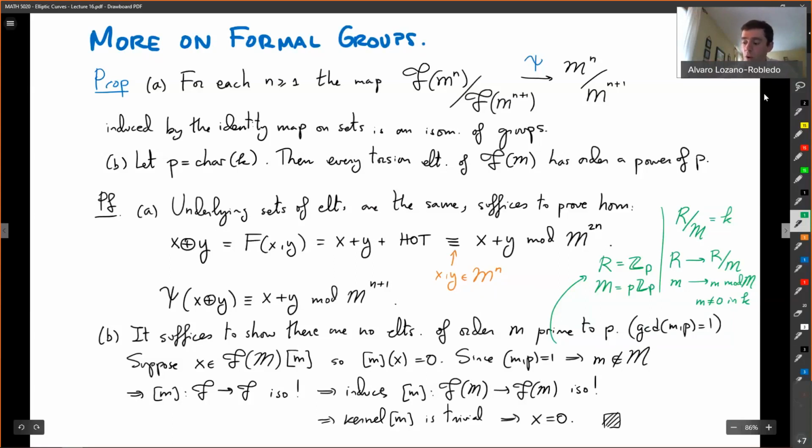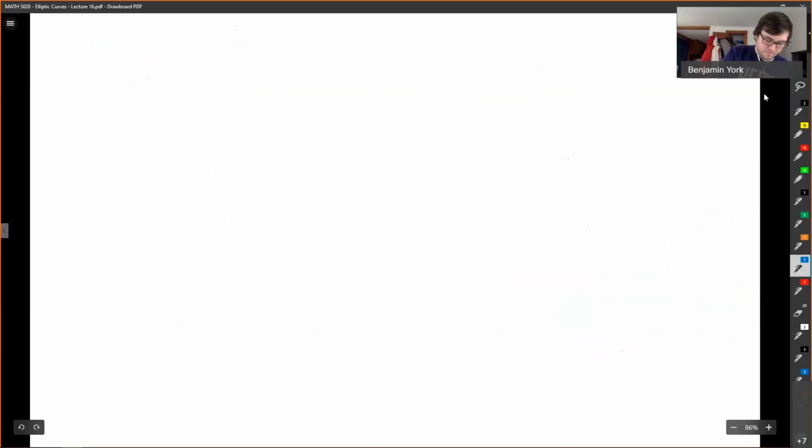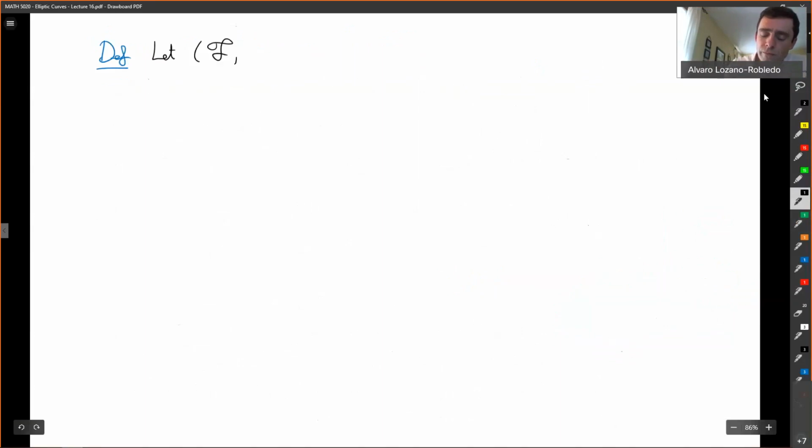All right. So now what we're going to do is define the invariant differential. So we have, again, a formal group over R. We did have the invariant differential for the formal group of an elliptic curve. I just took the invariant differential that we knew from an elliptic curve and said, well, this is a differential.